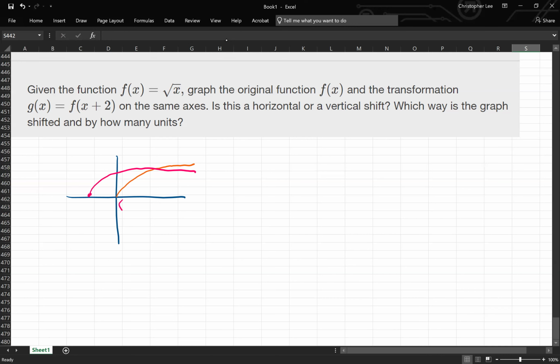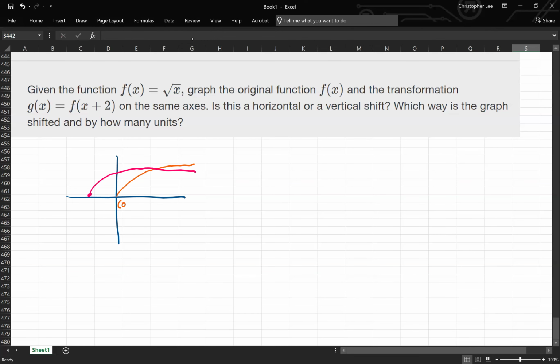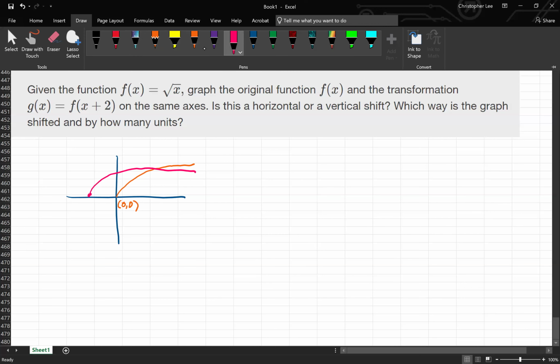In other words, that's 0, 0. So 2, 2, 2. It's going to the left.